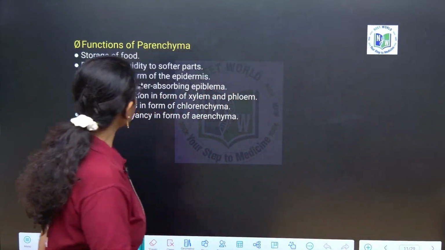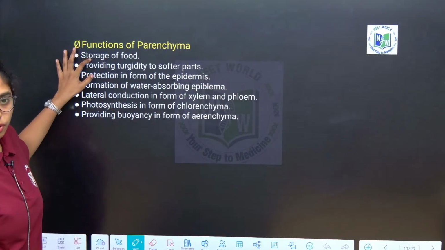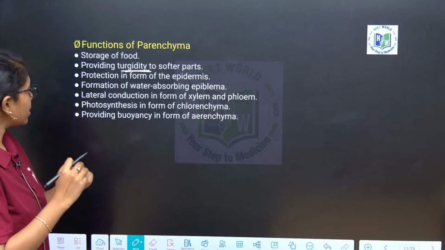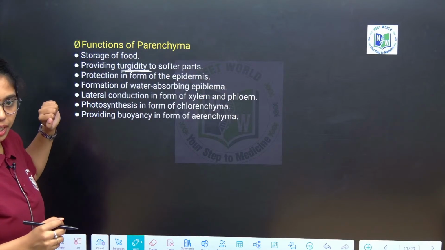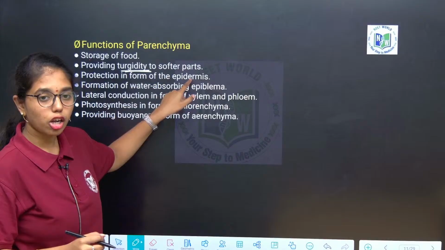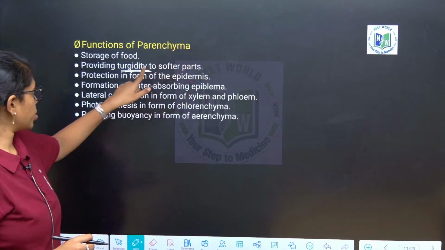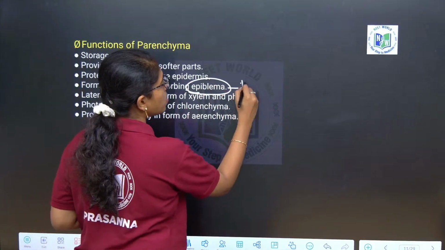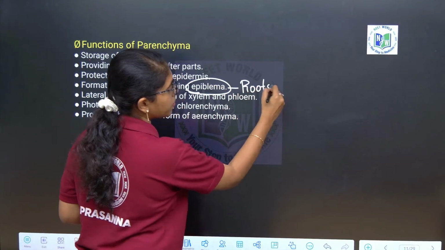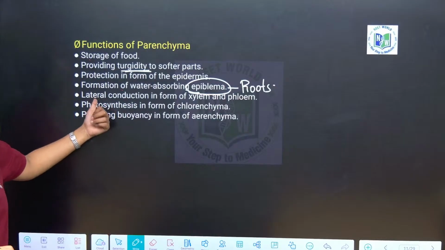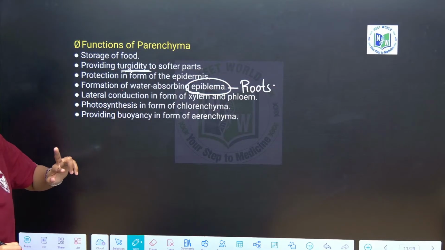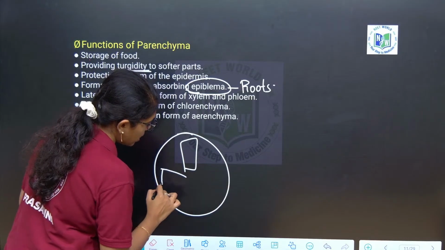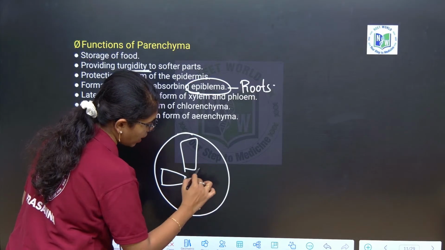Now, functions include: it stores food and provides turgidity to the softer parts, and protection of the epidermis, because epidermal cells are also composed of parenchymatous tissue. Formation of water absorbing epiblema, which you will see in roots. And then lateral conduction in xylem and phloem. In the stellar region, just now we have learnt, you have collateral vascular bundles like this.